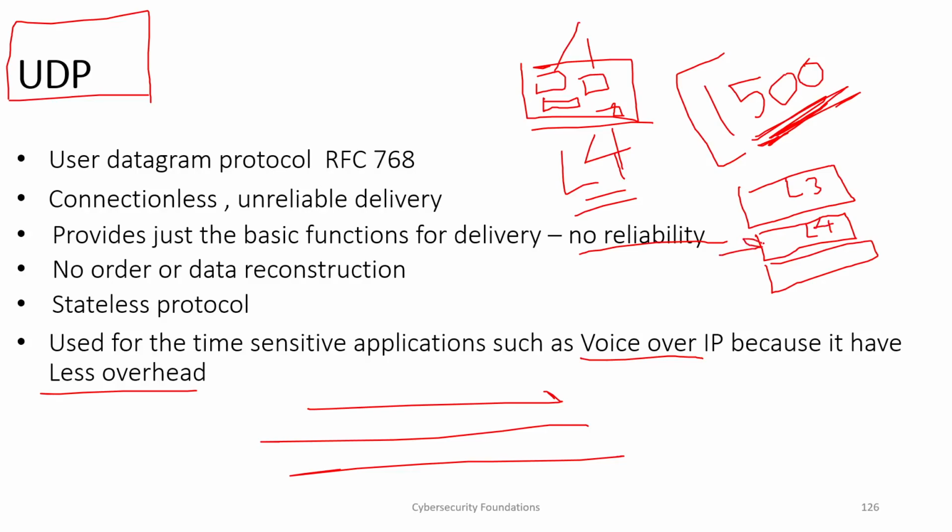So TCP uses more space while UDP does not. So in a UDP message, I can send like 1,400 of raw data, while in TCP, I can only send 1,300 of data. Clear?